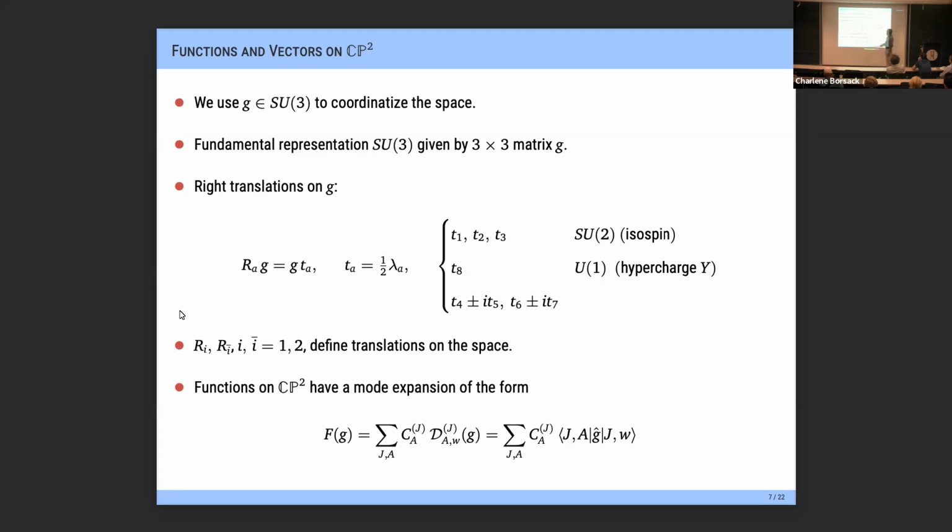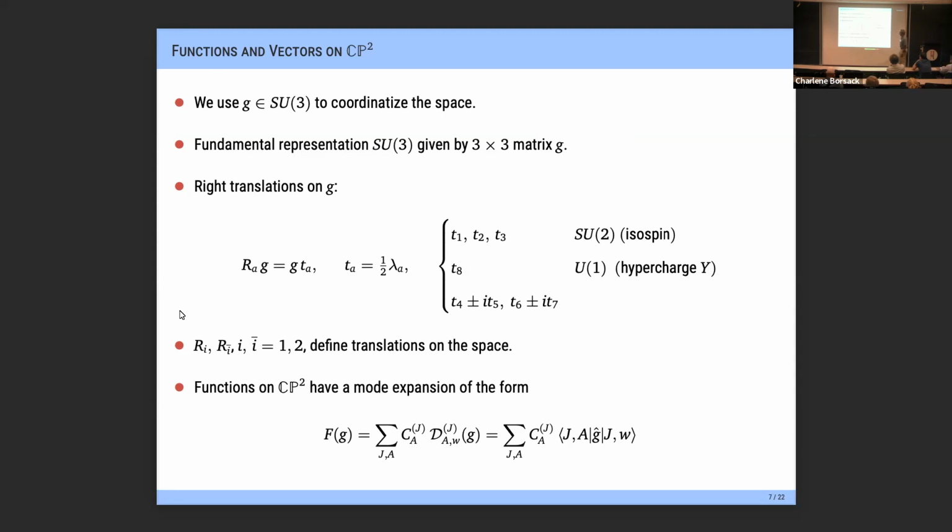What are functions on CP2? They have to be invariant under the U2 that we are quotienting out. So we can define functions in a convenient way by looking at representations of the group element G in an arbitrary representation. Take a mode decomposition like so for functions with arbitrary coefficients.